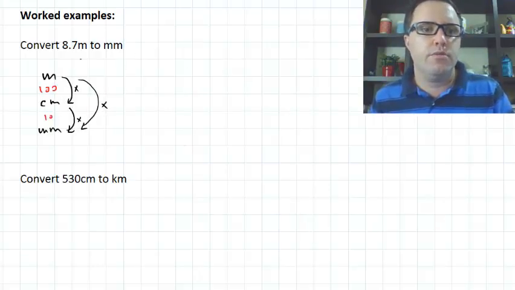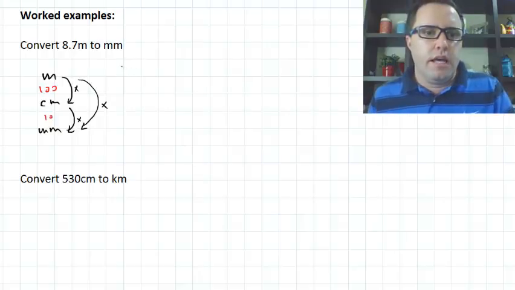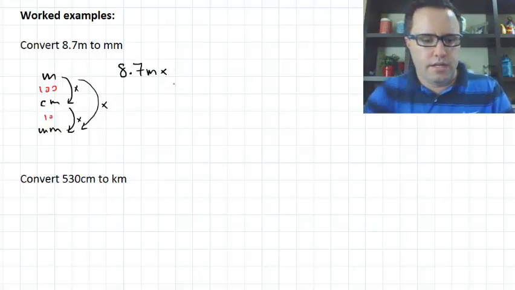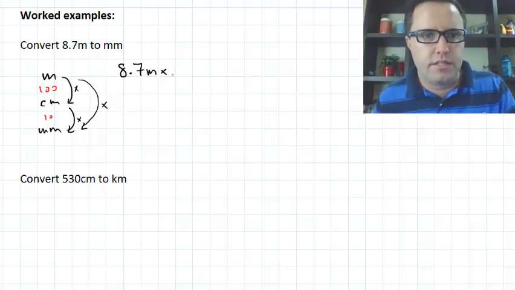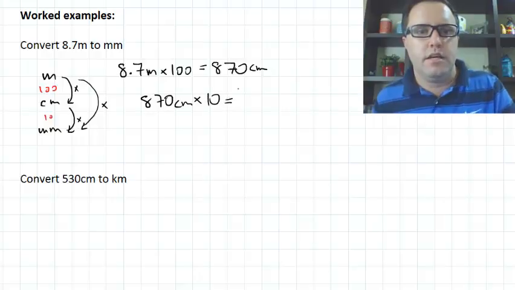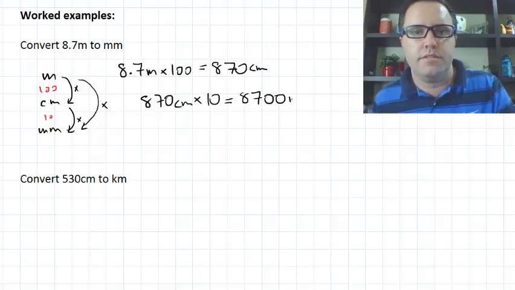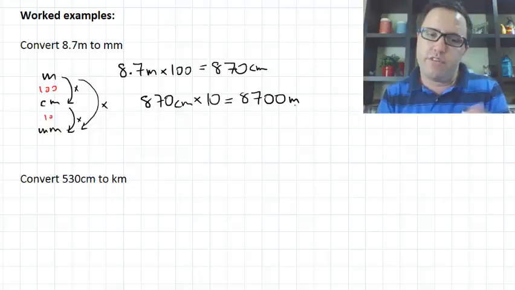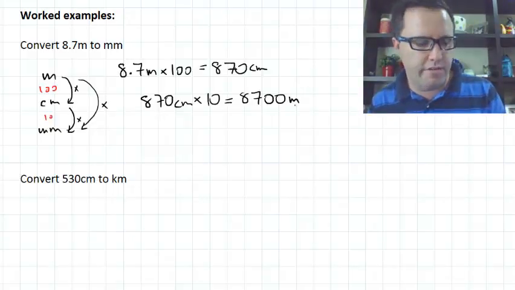We'll go step by step. 8.7 meters times 100 equals 870 centimeters. 870 centimeters times 10 equals 8,700 millimeters. Okay, quite simple. You've probably done that kind of thing before, but it's just a matter of multiplying or dividing by the right power of 10.